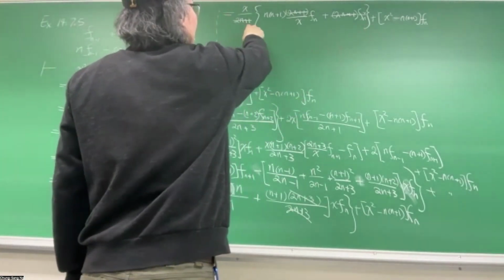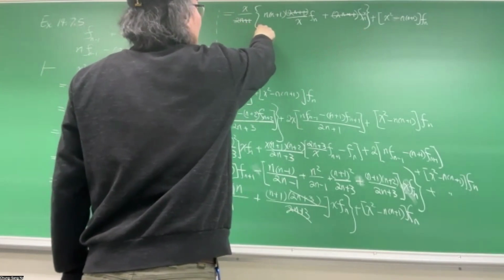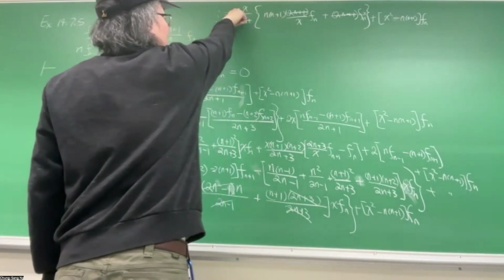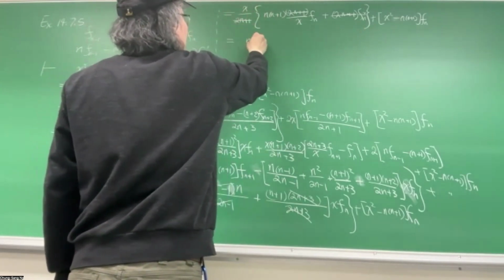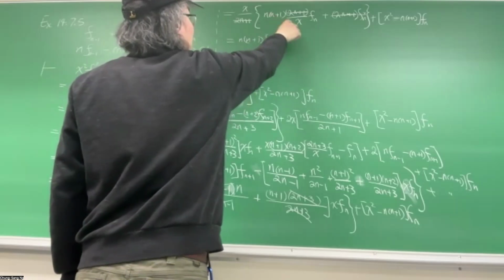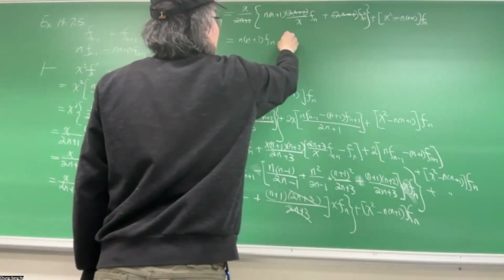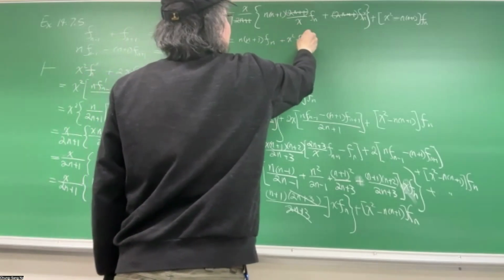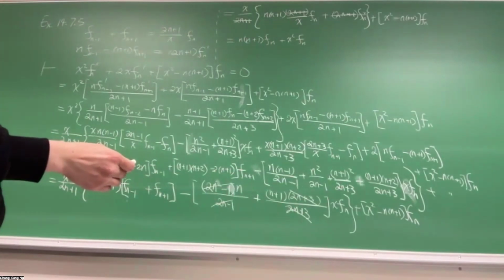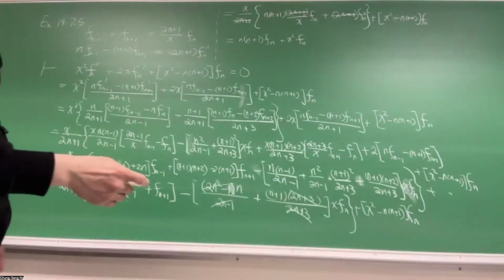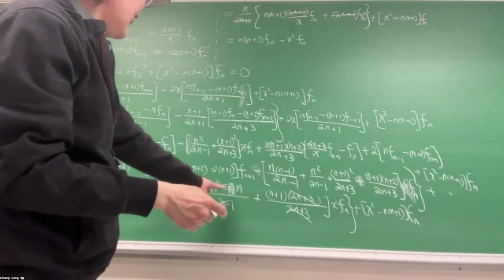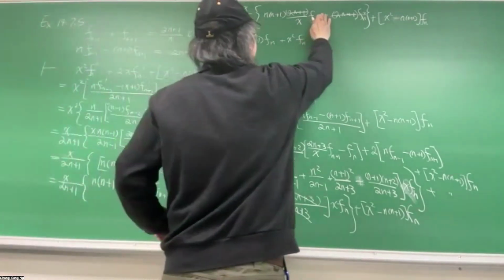So now let's see if we get everything correct. So you have n times n plus 1. This x cancels with this x. So this is equal to just n times n plus 1 Fn for the first term. For the second term is x squared Fn. Oh, this one is minus, right? 2n plus 1 is minus.